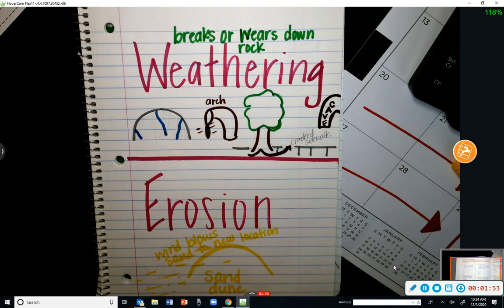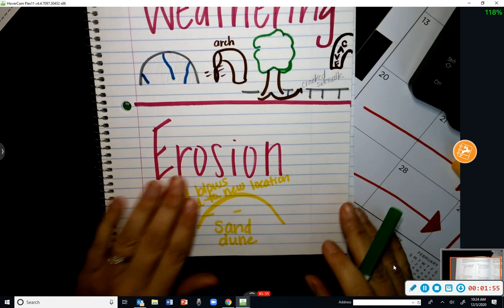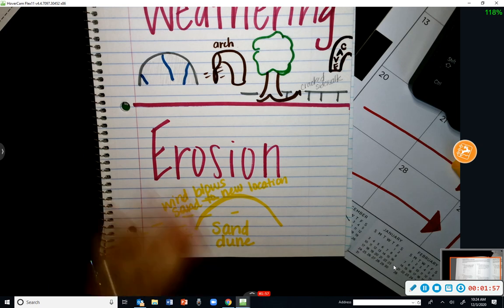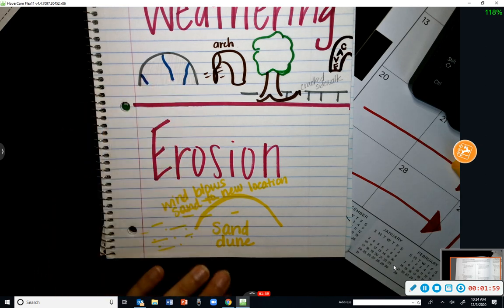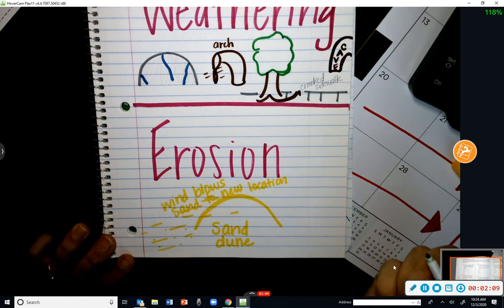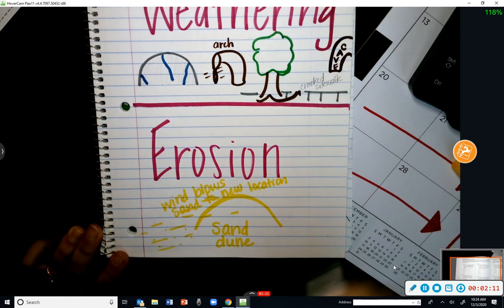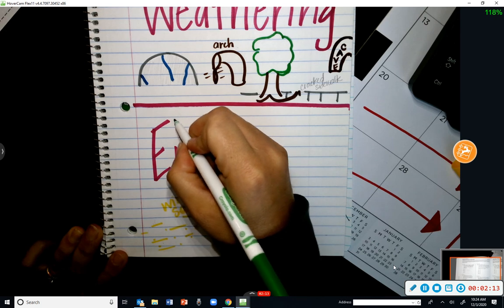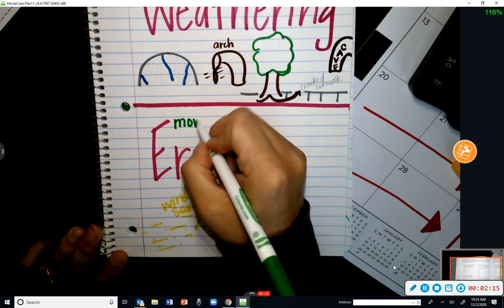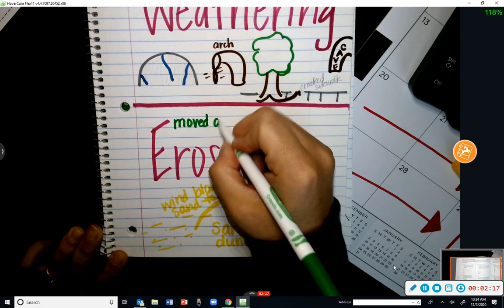So what is the difference now from erosion? This is breaking down rock. Erosion is going to do what, Kelsey? Erosion is when something like sand, like if there's a sandstorm, it flies away. Okay, so actually it's going to be moved away somehow.